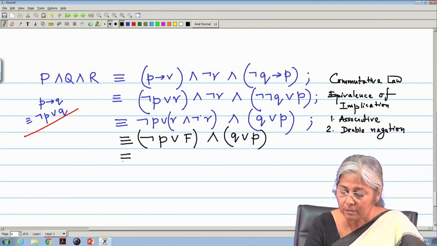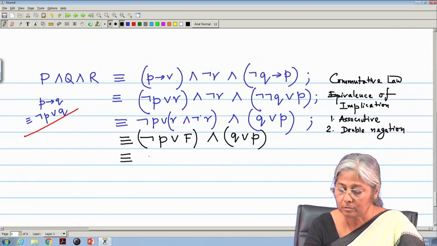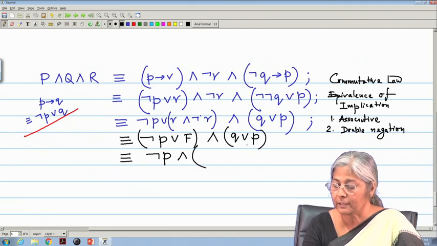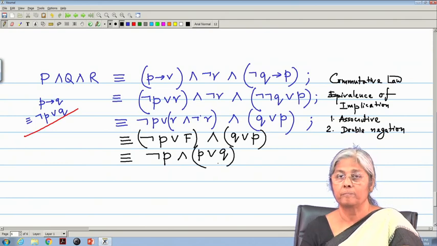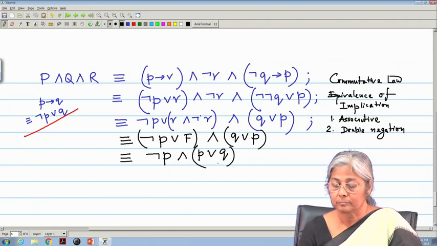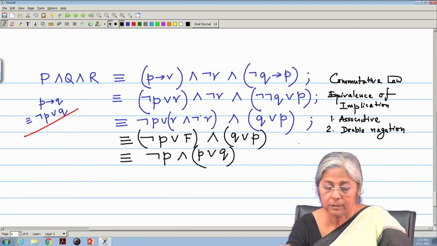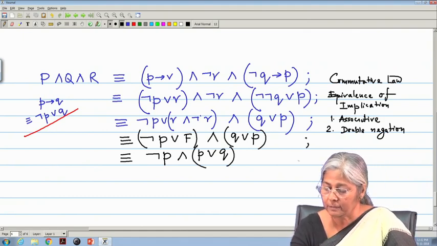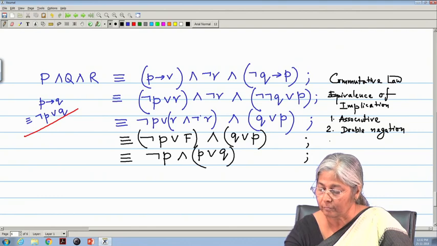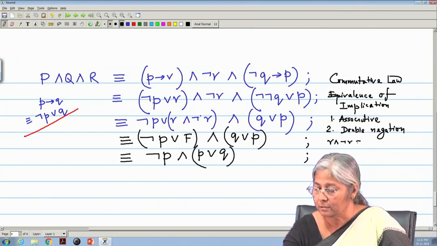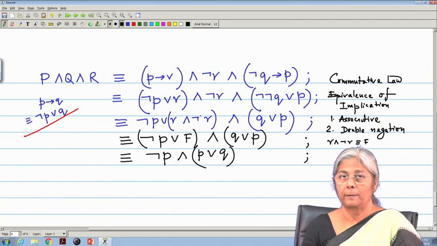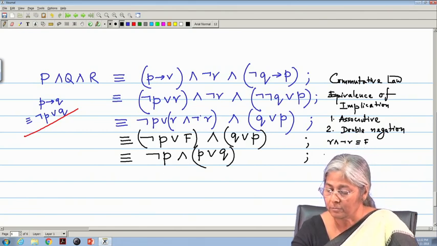Now, this is equivalent to, since it is OR, negation p, and here also I can apply that q or p is same as p or q. Similarly, here r and negation r is equivalent to F, and here some commutative.